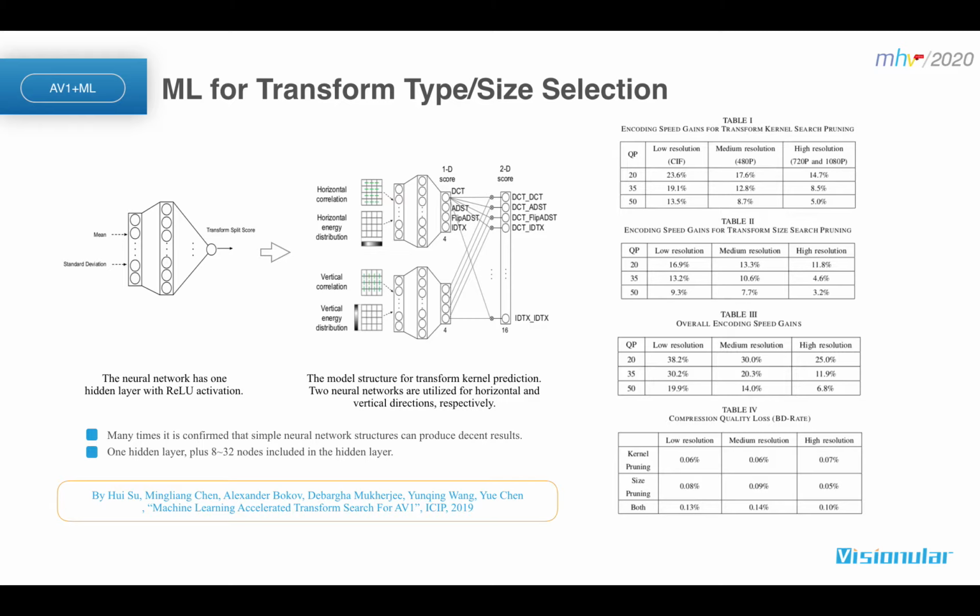So it can be seen that through the use of a very simple neural network structure, machine learning can really facilitate speeding up the AV1 encoder while having quite limited coding efficiency loss, meaning that these set axioms are quite effective.